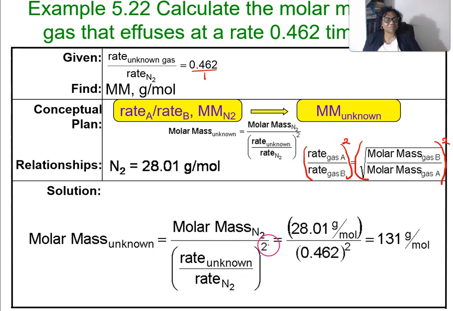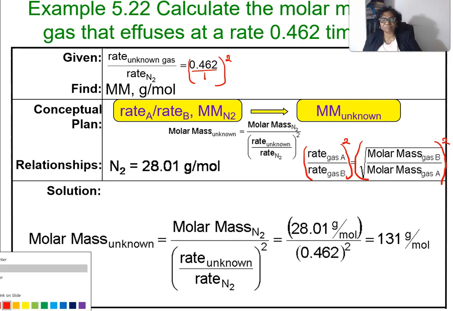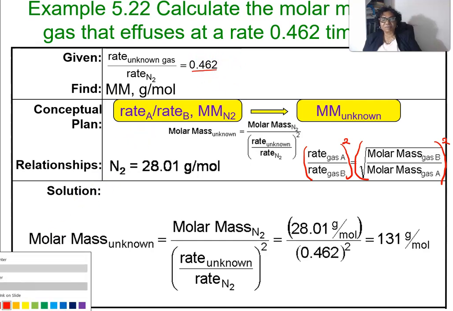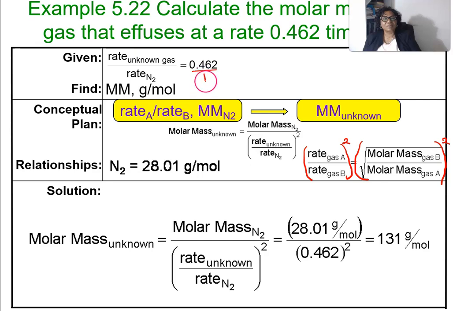So that's why we have this square here. This is 1 squared, this squared, so just this squared. When we do this calculation, the molar mass of the unknown gas is 131 grams per mole.